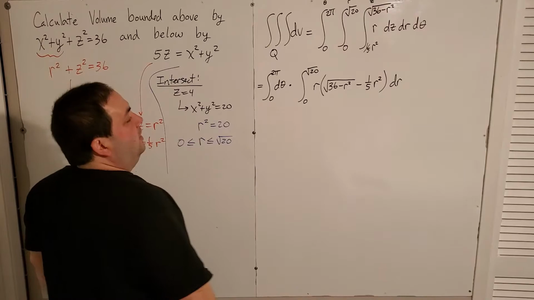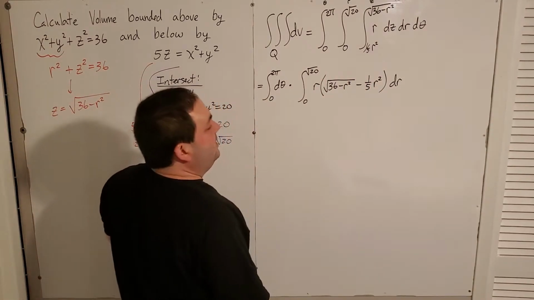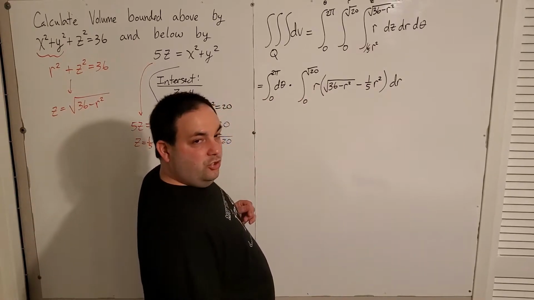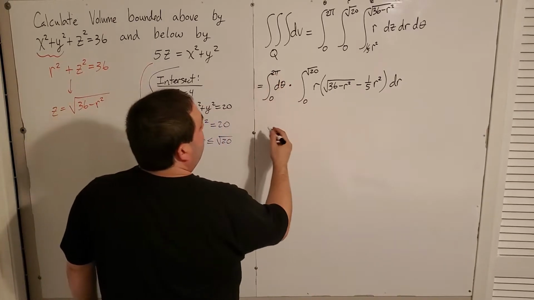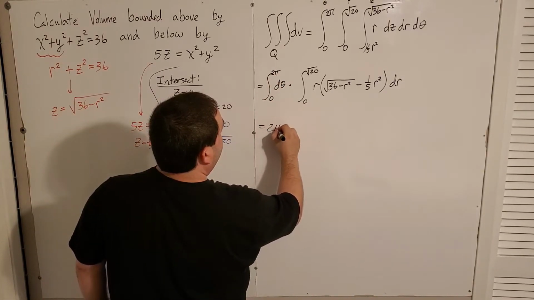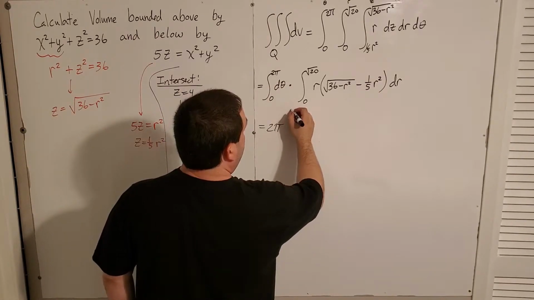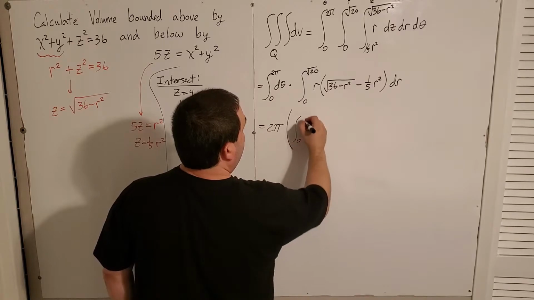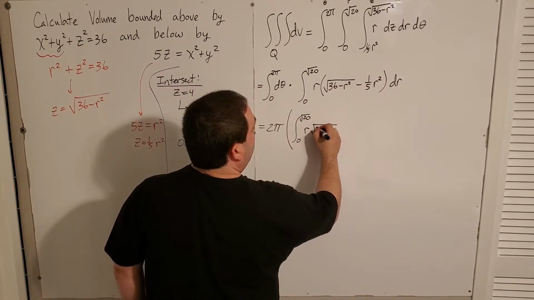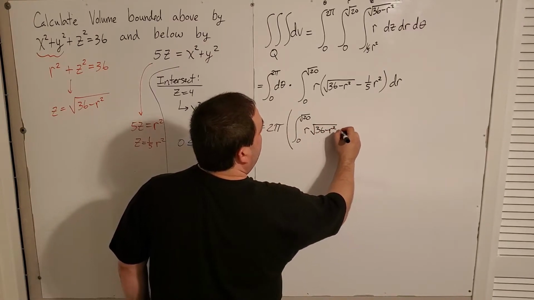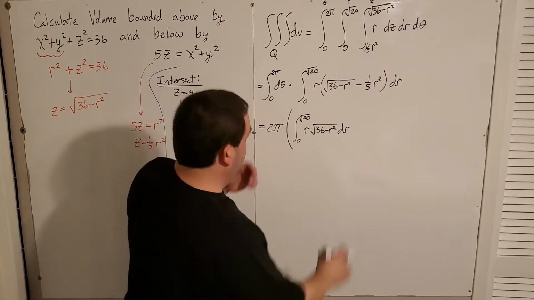So for this piece of the integral right here, it's actually easier if I go ahead and split it into two integrals. This integral right here is just going to give me 2 pi, and then I'm going to be times the integral from 0 to square root of 20 of r square root of 36 minus r squared dr. That's the left piece.